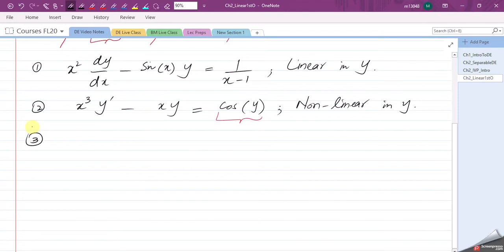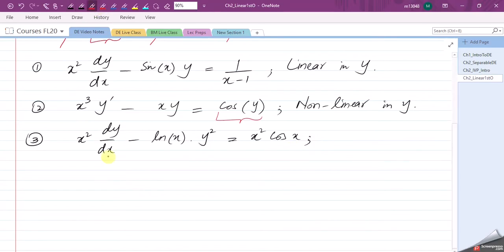How about this one? x square dy by dx minus log of x y square equals x square cos of x.